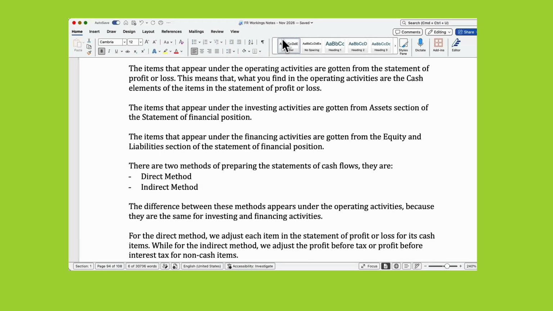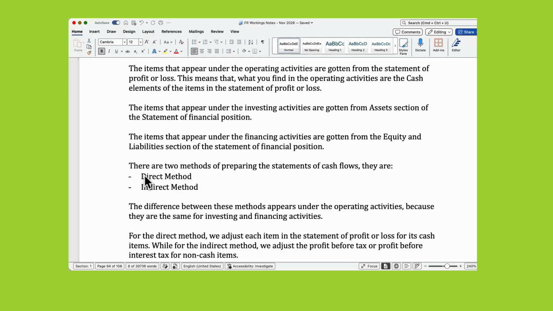The difference between these two methods lies in the operating activities. That's where the difference appears, which means that irrespective of the method you're using, investing and financing remain the same. But for operating activities, they are different. And the difference is in the manner in which you get your cash items in the operating activities.